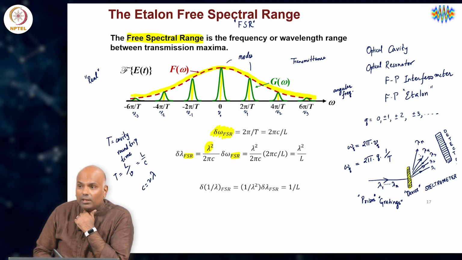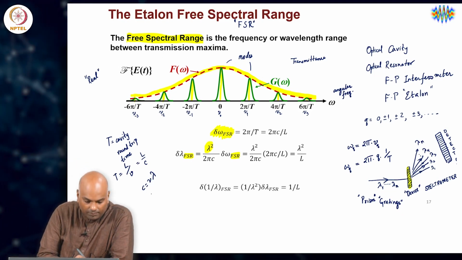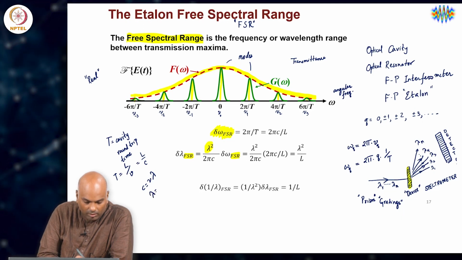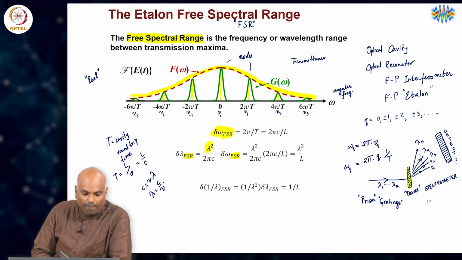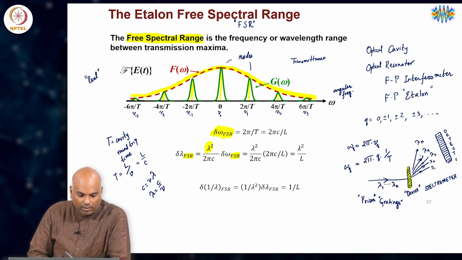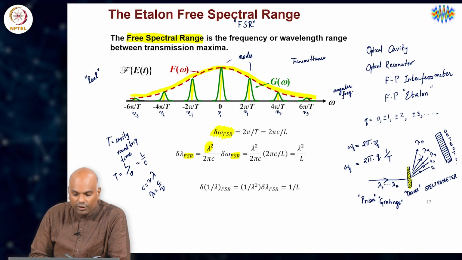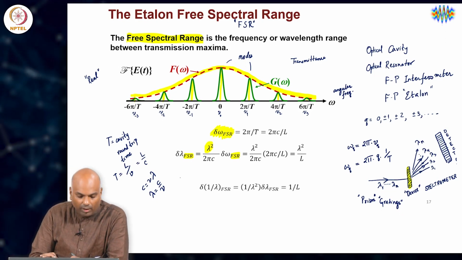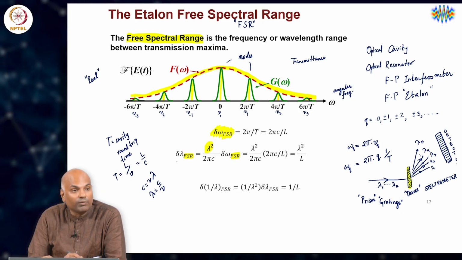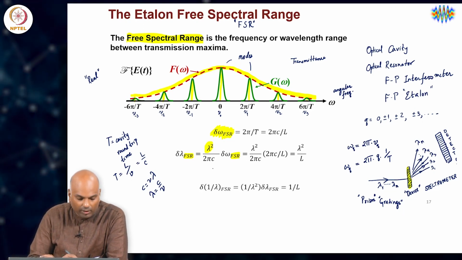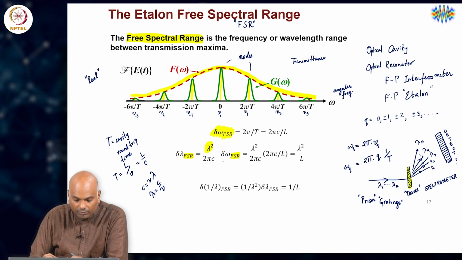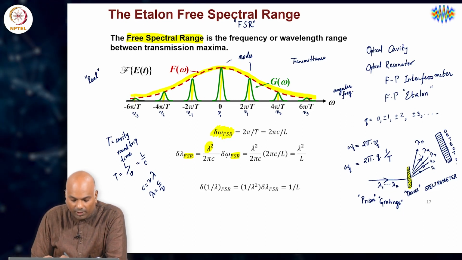So, since c is nu lambda, lambda is c by nu, or nu is c by lambda, we can essentially write down delta lambda, the total derivative of lambda, in terms of the total derivative of omega or nu, as the case may be over here.